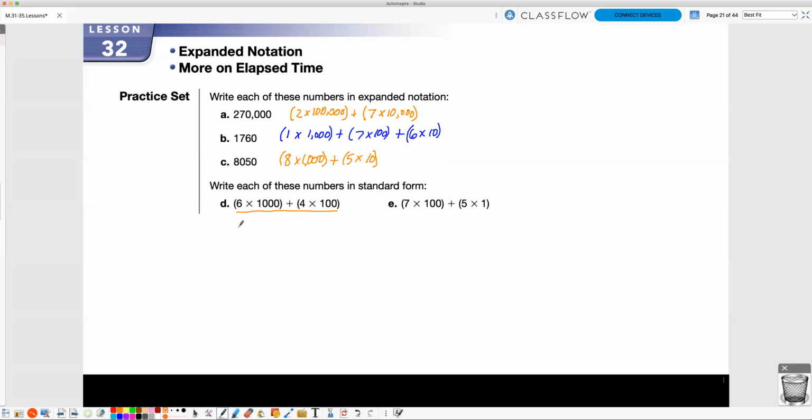So 6,000 plus 400 is simply 6,400. Letter E, 7 times 100 plus 5 times 1. You should have 705. Why is it 705? Because this is just 5 and this is 700. Add those together.